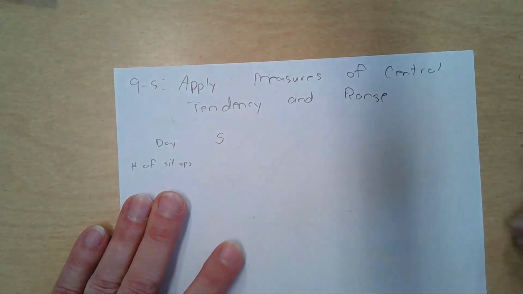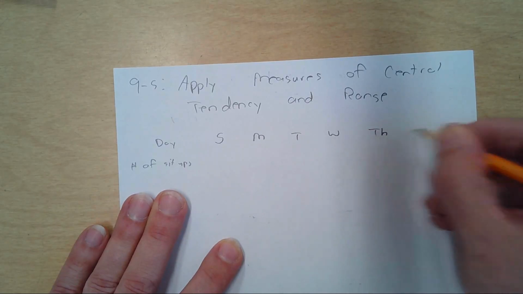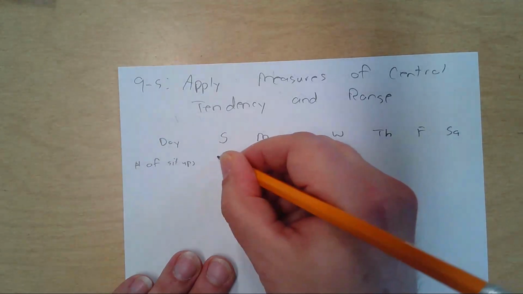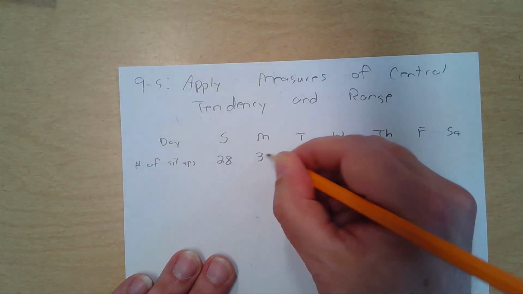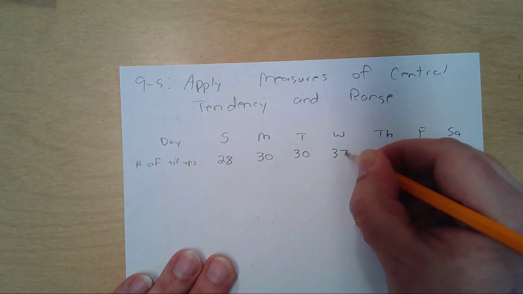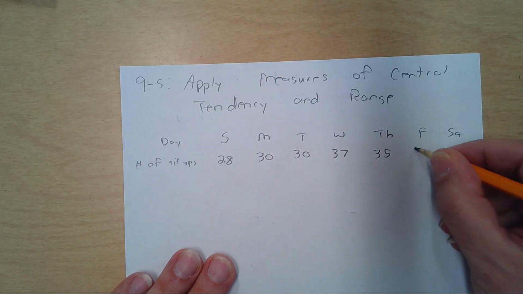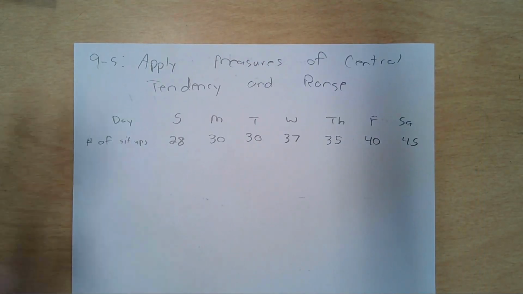So get the graph in your notes: Sunday, Monday, Tuesday, Wednesday, Thursday, Friday, and Saturday. And it looks like she did 28 on Sunday, 30 on Monday, 30 on Tuesday, 37 on Wednesday, 35 on Thursday, 40 on Friday, and 45 on Saturday.